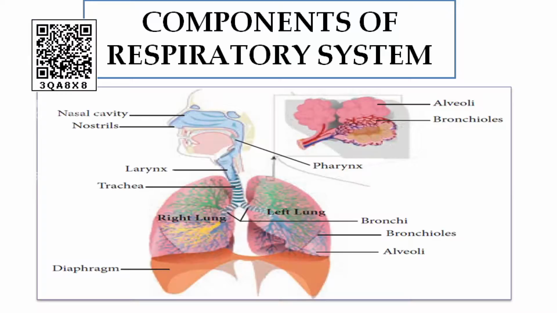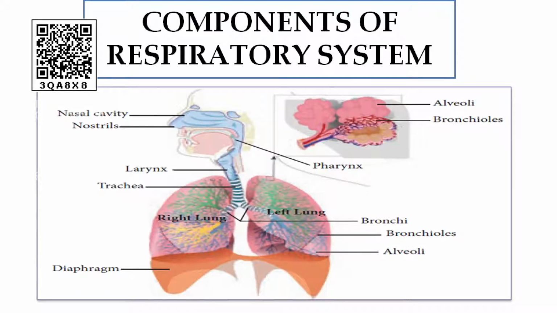The components of the respiratory system can be divided into two parts, the upper respiratory system and the lower respiratory system. Okay, this is the structural classification. We can classify the respiratory passage by function. So, what are they?